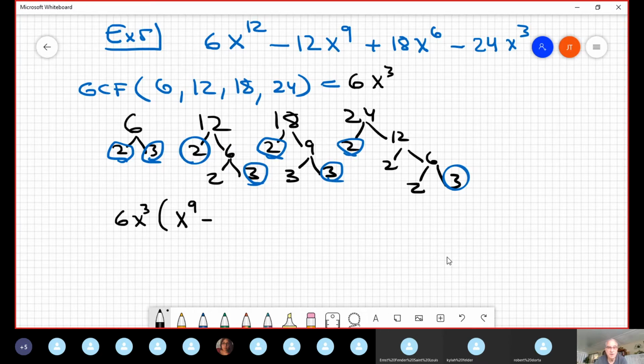Minus 2. Look, I factor out. This guy goes out. Only 2 stays. It's 2x to the 6, no? Because 6 plus 3 is 9. Plus 3. Because this goes out. Only this 3 stays. 3x to the third power. Because 3 plus 3 is 6.